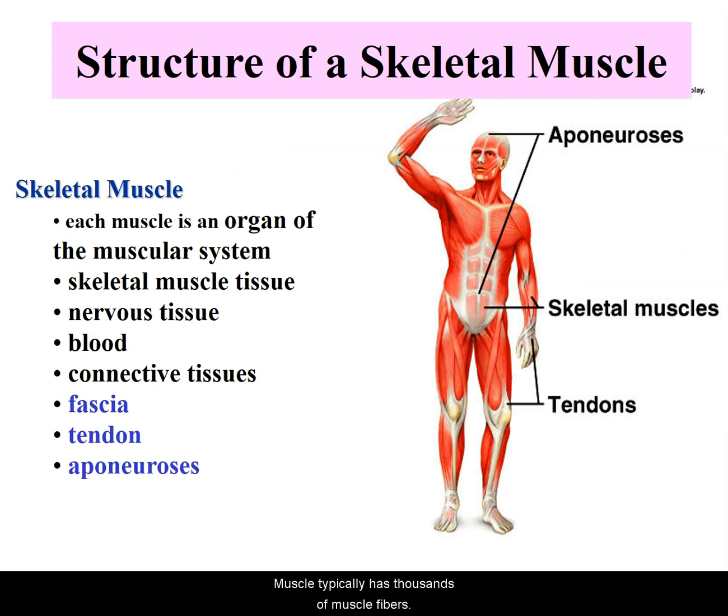Each muscle typically has thousands of muscle fibers. Each muscle is innervated, meaning that it has nerves that help to transmit a stimulus to cause that muscle to contract or not. It is the reason for muscle contraction.